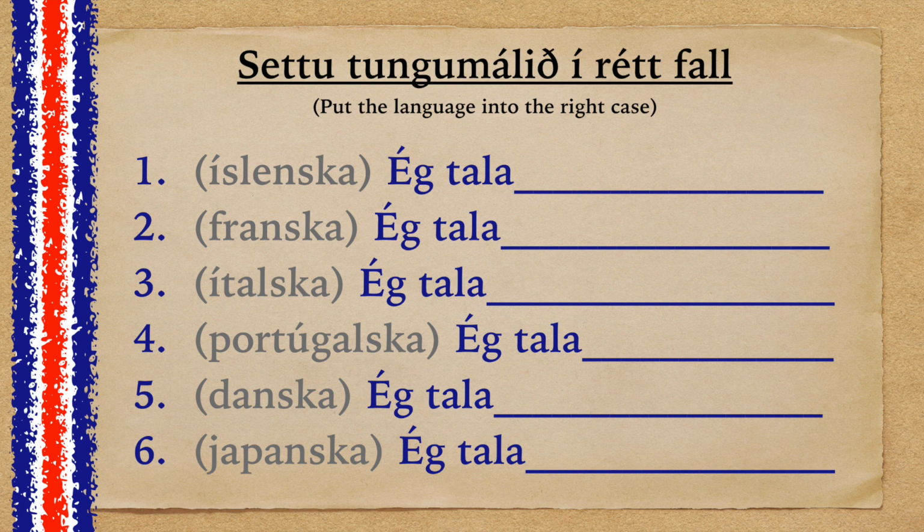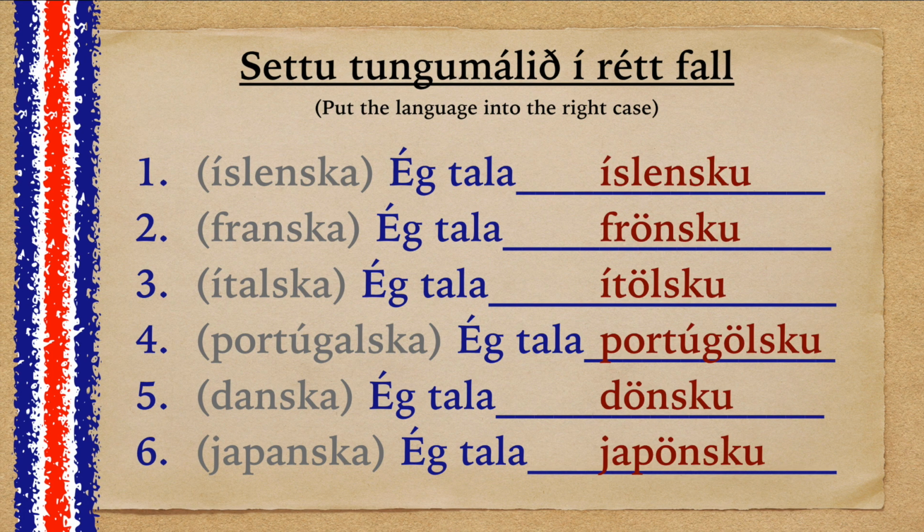Now put these languages into the correct case. Press pause, take all the time that you need, then I will give you the right answer. 1. Ég tala íslensku. 2. Ég tala frönsku. 3.